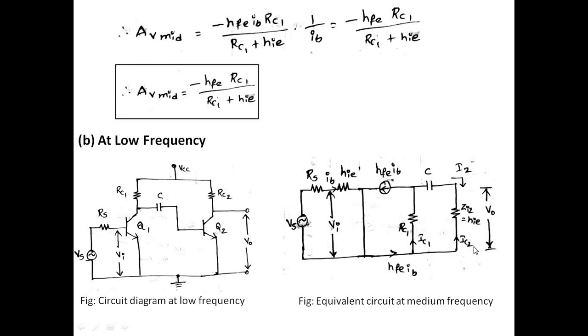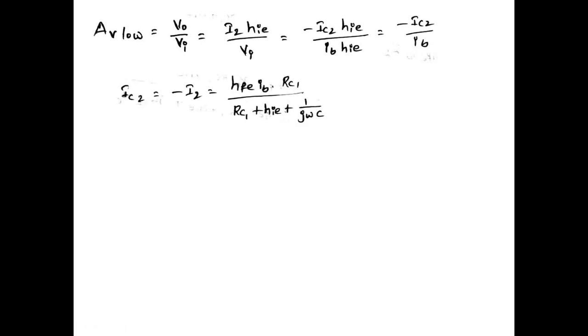We can calculate this IC2 very easily. IC2 is equal to HFE into IB into RC1 divided by RC1 plus 1 by j omega c plus HIE. This is IC2 equal to minus I2, which is equal to HFE into IB into RC1, the opposite resistance, divided by the total resistance RC1 plus HIE plus 1 by j omega c.